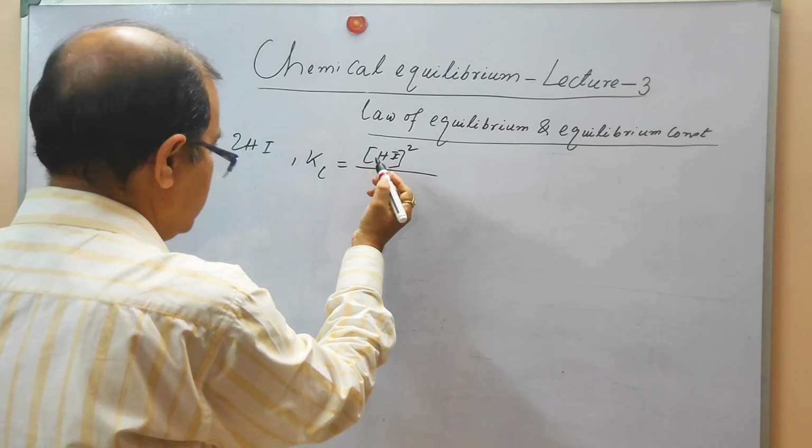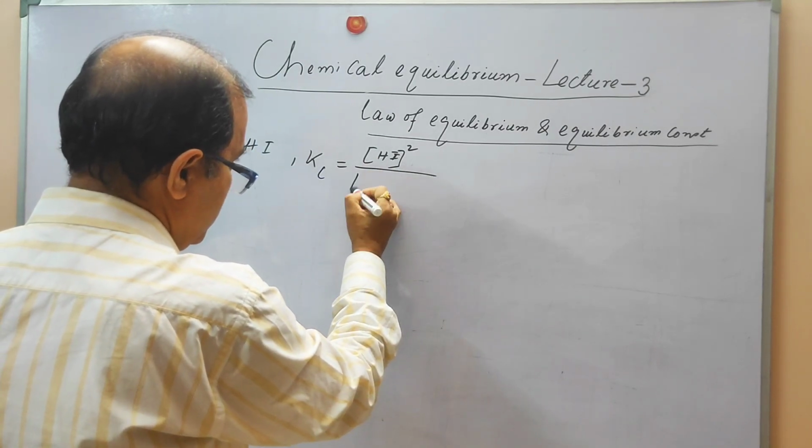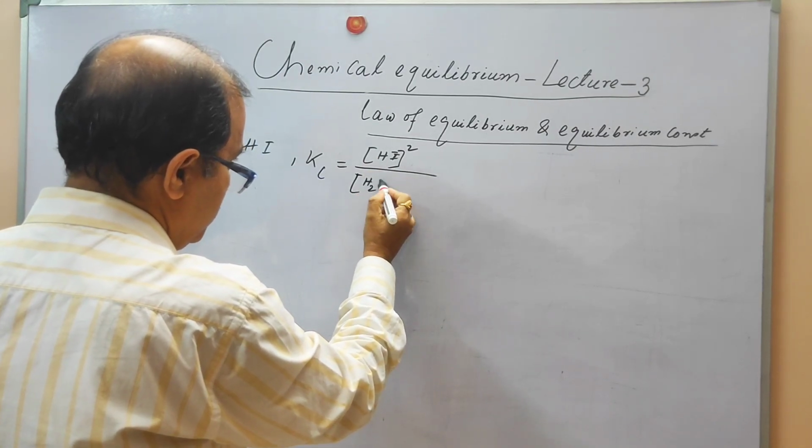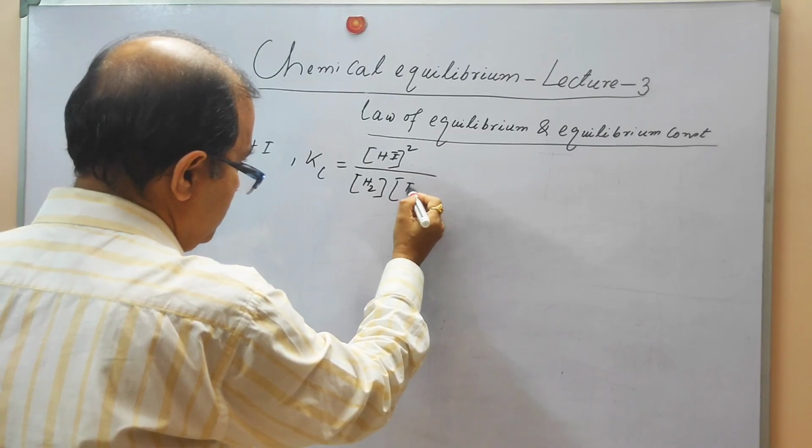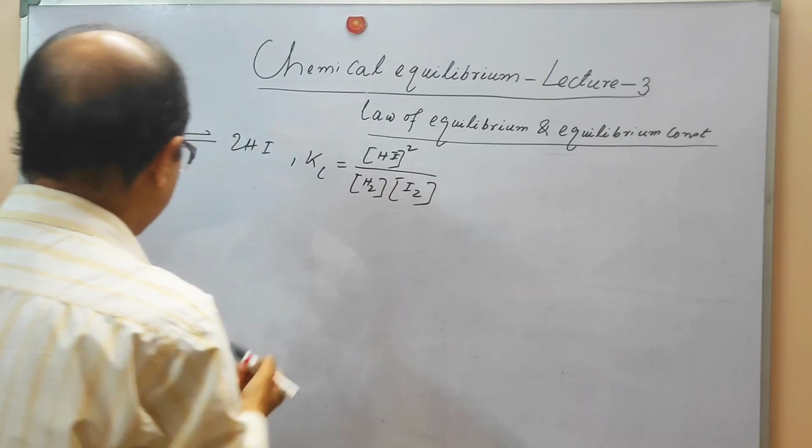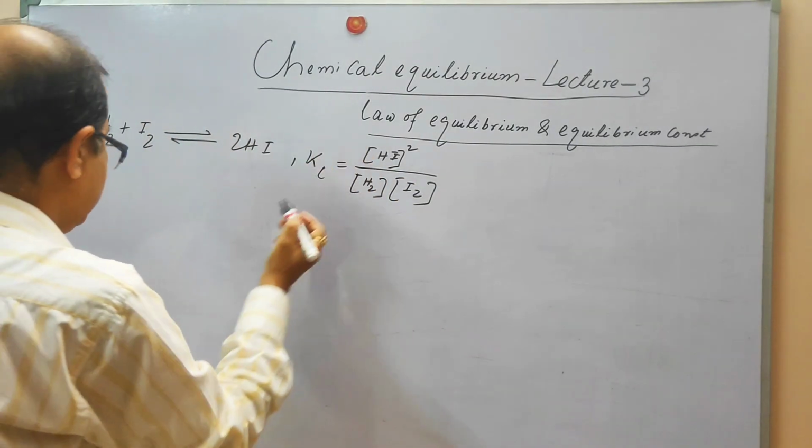So I am writing directly: HI square over concentration of H2 and concentration of I2. So this is the Kc.